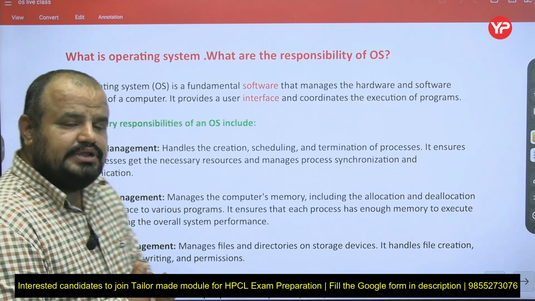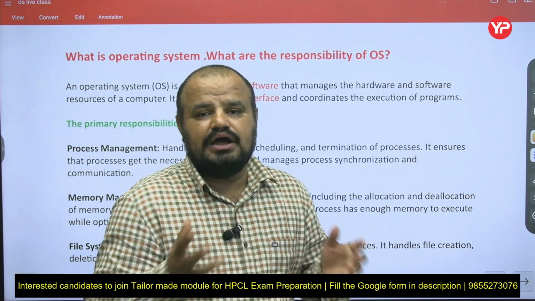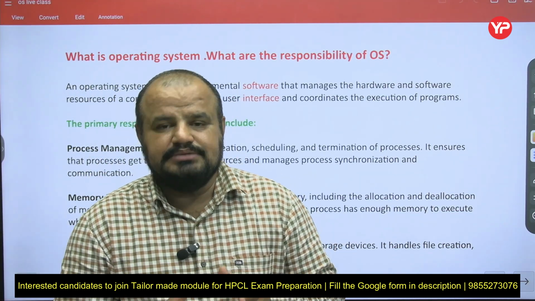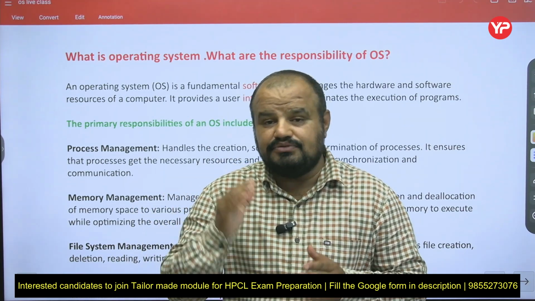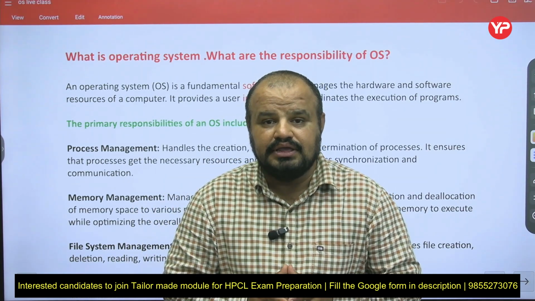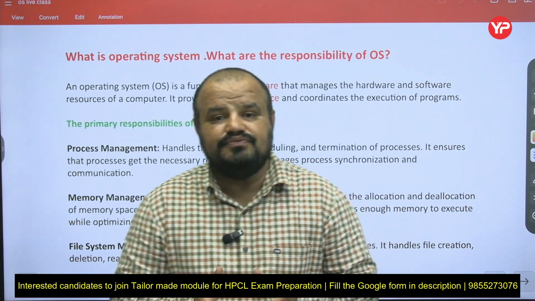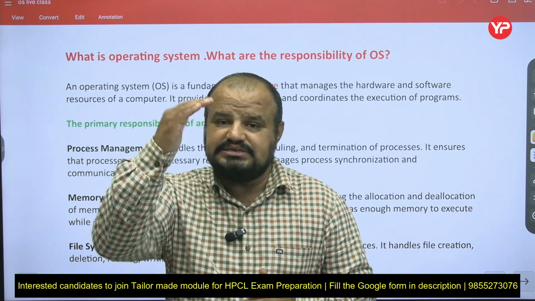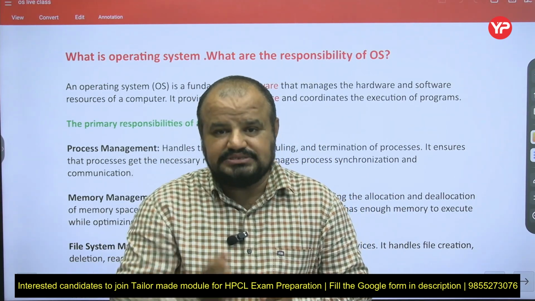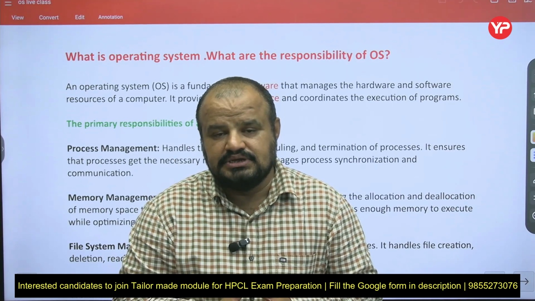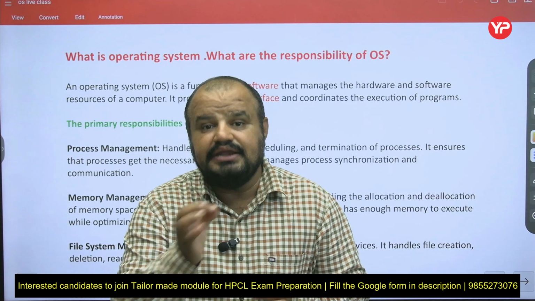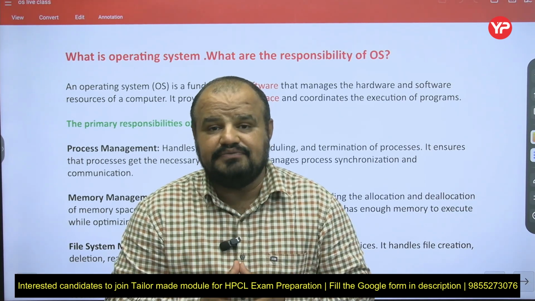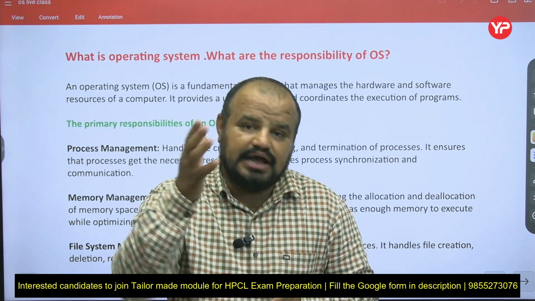First of all, in operating system we need to know what an operating system is. See, my dear students, operating system is a software. First of all, keep in mind, it is not hardware, it is software. Software means it is a set of instructions that execute and perform some task. So what is operating system? It is an intermediator, or the interface, between user and the hardware.